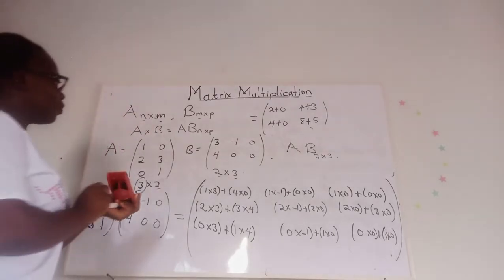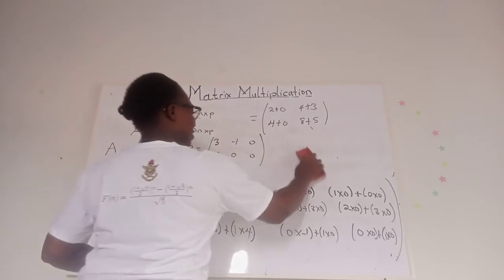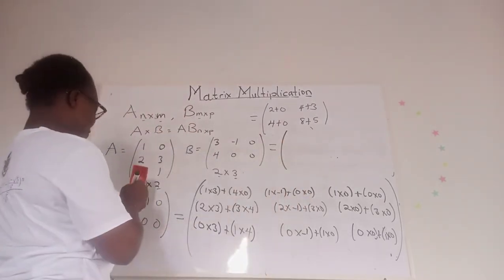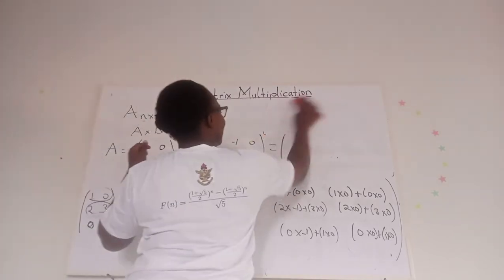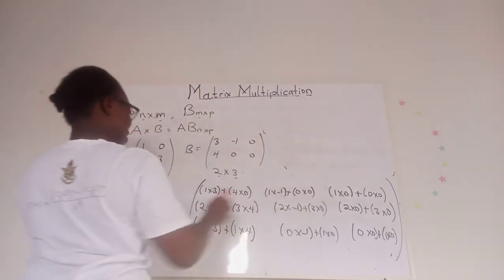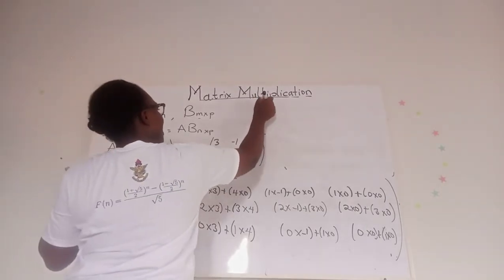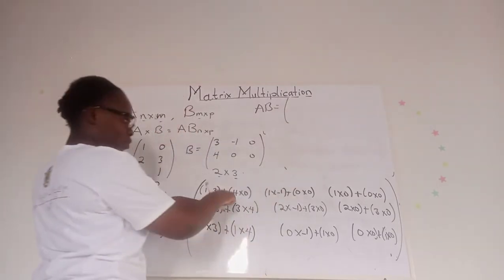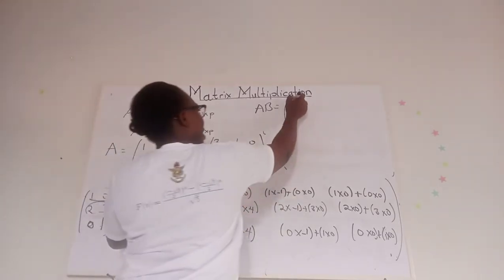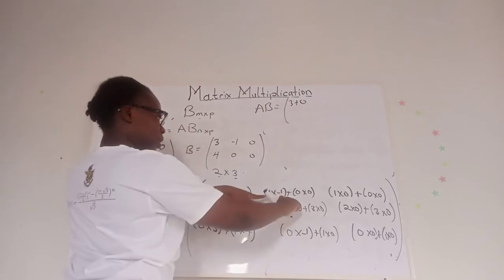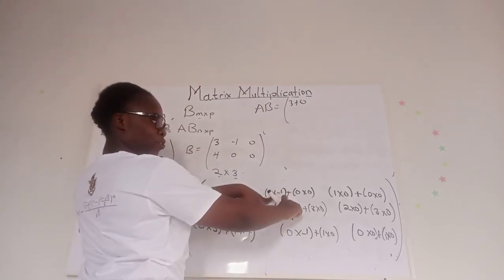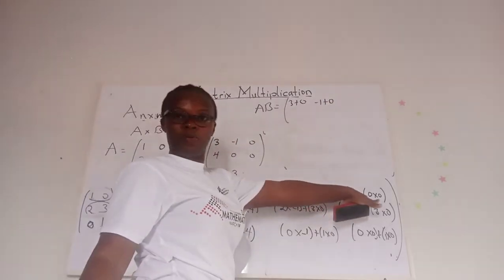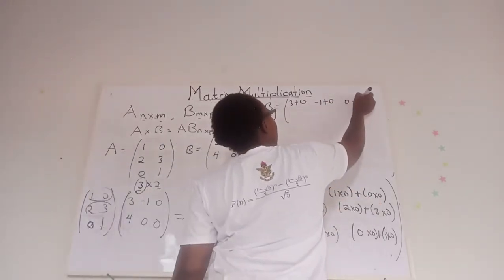Now let's look at it. Let me write here. A, B from here is going to give us 3 plus 0. The second entry is minus 1 plus 0. Then 0 plus 0.